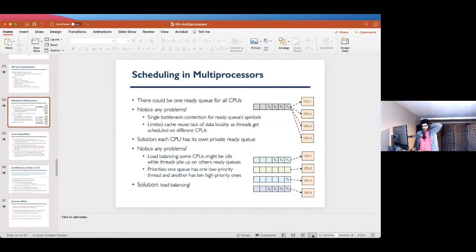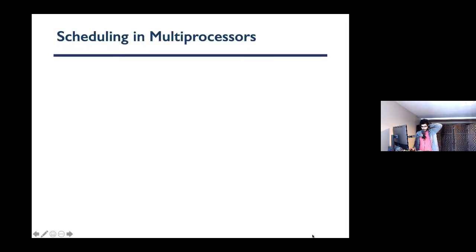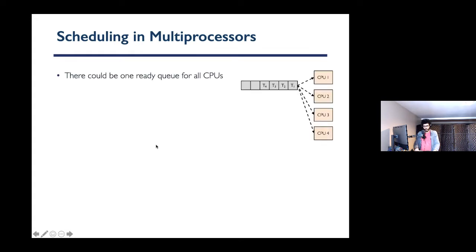Okay, so I kind of spoiled it by that slide sitting there. So one option, right off the bat, is a ready queue, which is basically what you're doing for your labs.